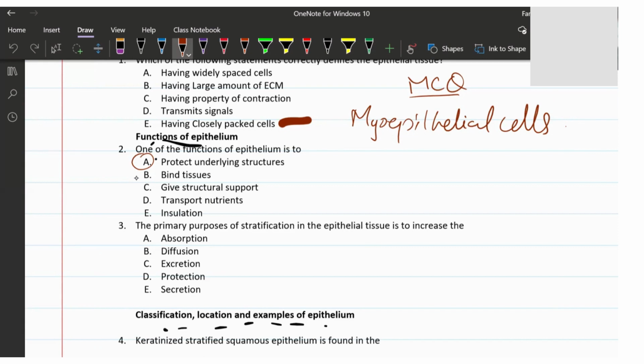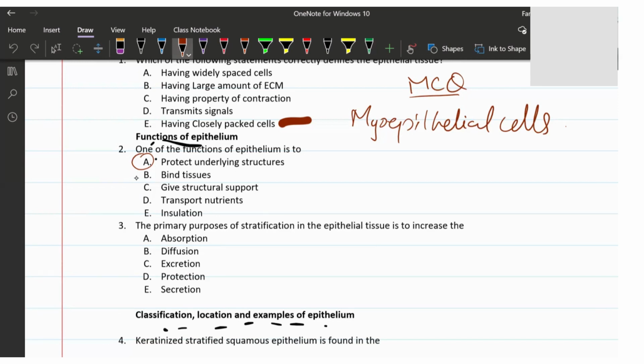Now you have to carefully read the stem of the MCQ. So what is the examiner asking? The primary purpose of stratification. Now, what is stratification? The presence of layers of cells in the epithelium. You know that some are simple epithelial cells, some epithelia are stratified.